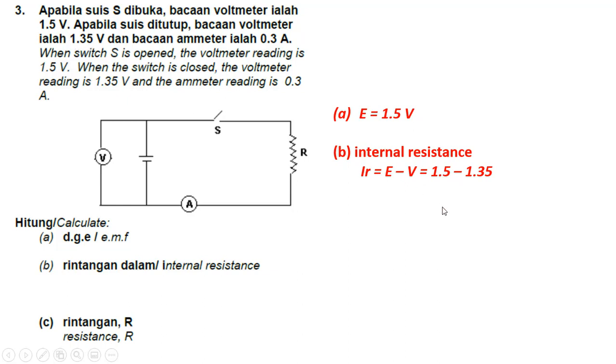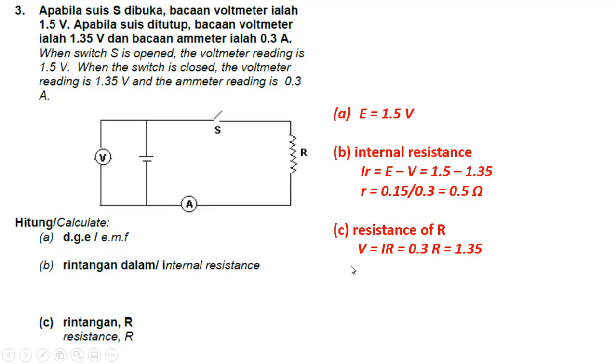So we get 0.15 divided by I, which is given as 0.3, so we get 0.5 ohm. And now big R: V equals IR, V is given as 1.35, so 1.35 equals 0.3 times R, so R is 4.5 ohm.